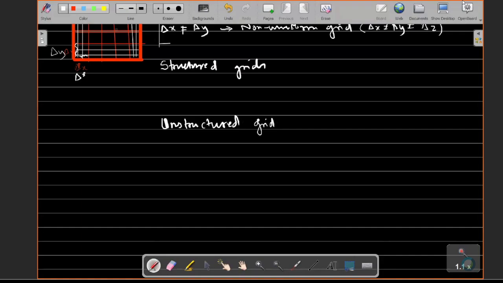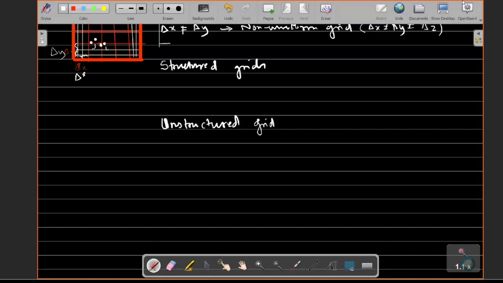In case of a structured grid, we have proper IJK. So this is some I and some J. If you consider a location, it will be located in terms of I location and J location.